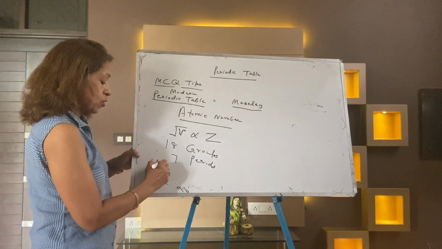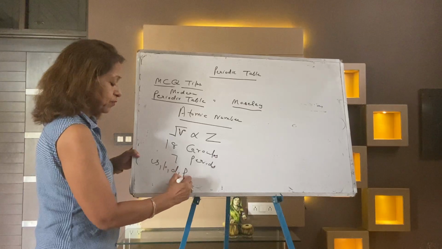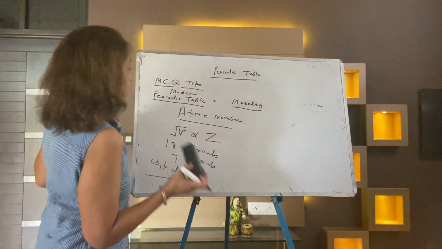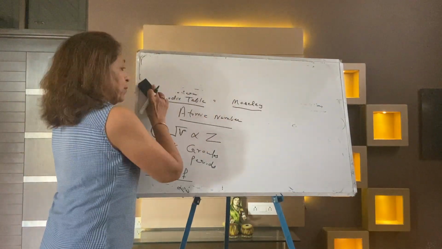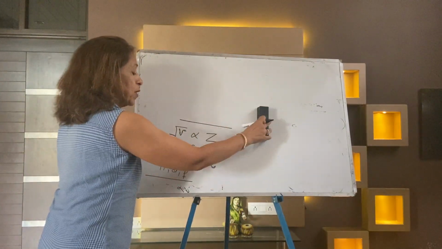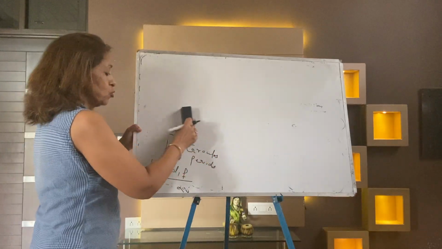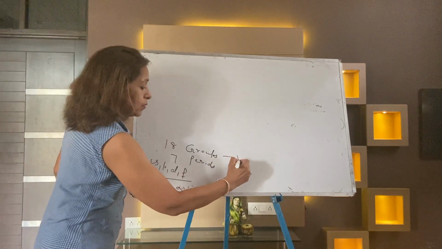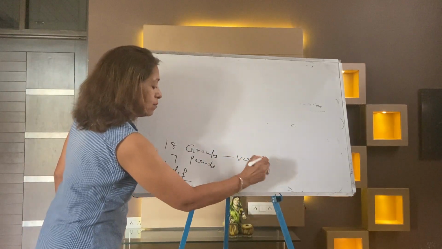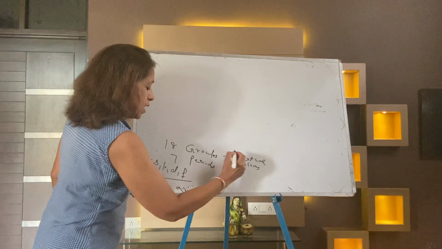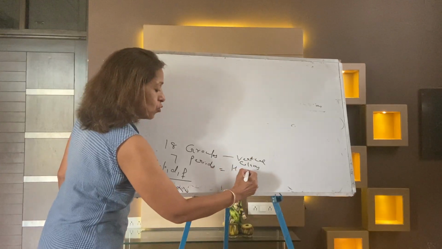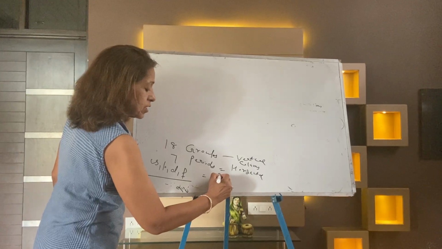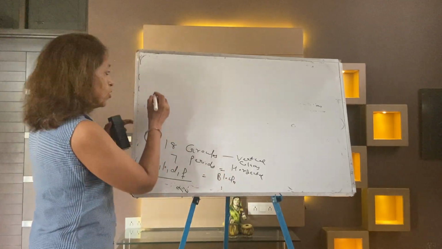There are 4 blocks, S, P, D, F. Periodic table, Moseley, atomic number based, under root nu proportional to Z experiment, 18 vertical columns and 7 horizontal rows and 4 blocks. These are the SPDF 4 blocks.